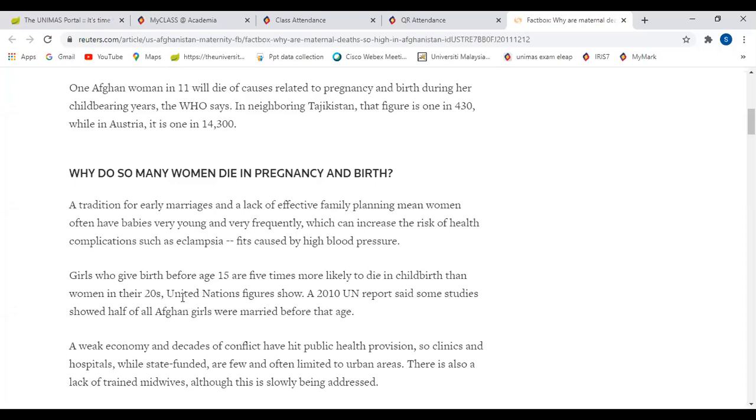So girls who give birth before age 15 are 5 times more likely to die in childbirth than women in their 20s, according to United Nations figures. Yeah. So based on UN report, some studies showed that half of all Afghan girls were married before that age, yeah, before the age of 15.